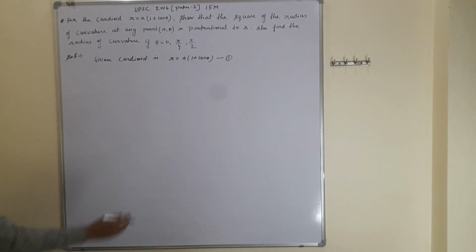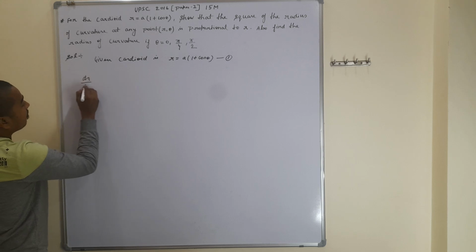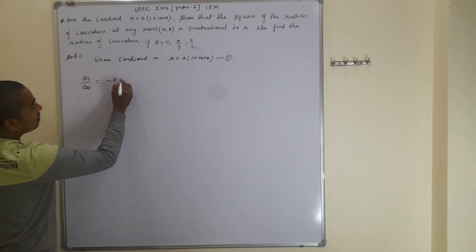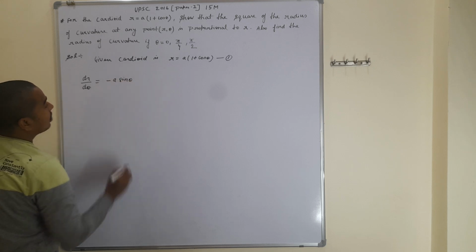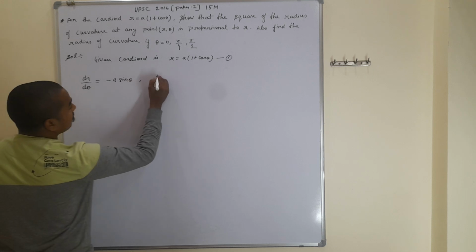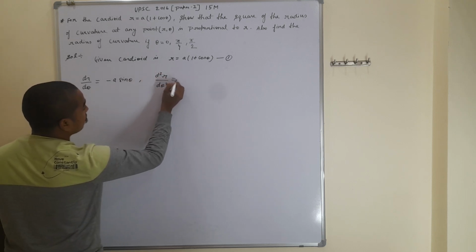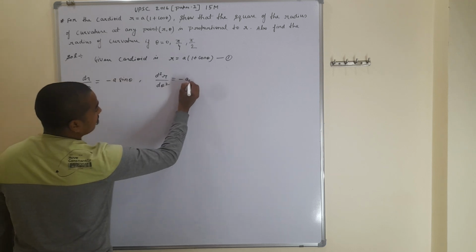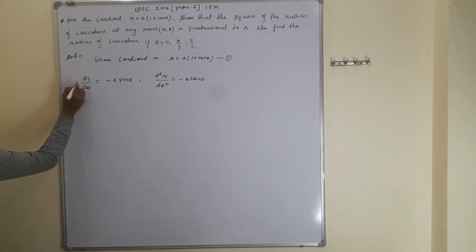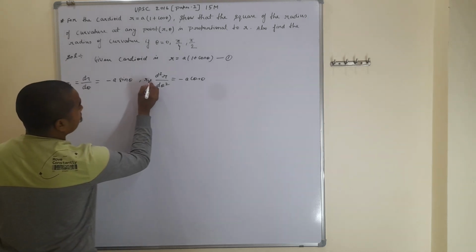Differentiate with respect to theta, that is dr upon d theta is equal to minus a sin theta, and again differentiating with respect to theta, d2r upon d theta square is equal to minus a cos theta. This is denoted as r1 and this is denoted as r2.